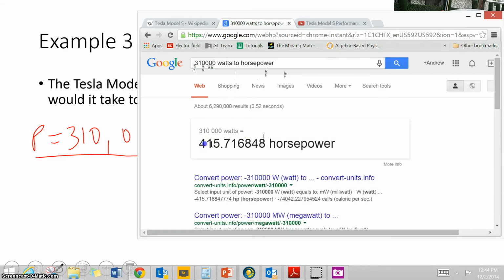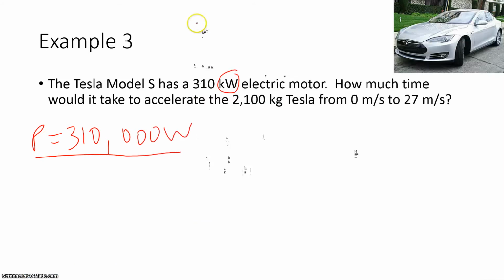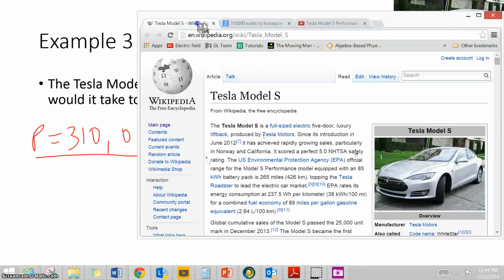Aha. 415 horsepower. Wow, that's a lot of horsepower. Just to put that into context, my car has about 108 horsepower, so that's 4 times as much power as my car. I got that 310 kilowatts off of the Wikipedia page for the car.